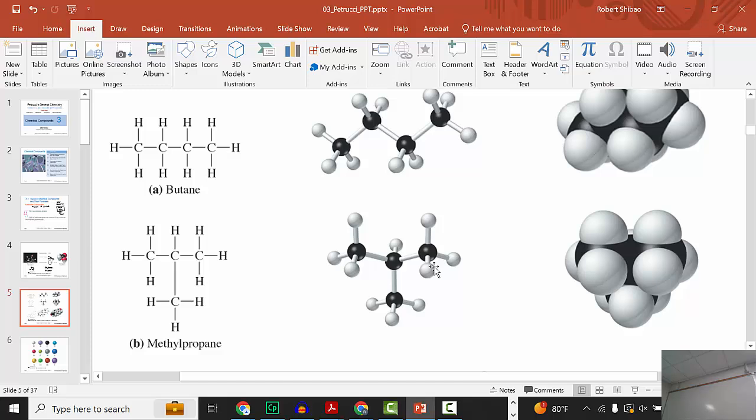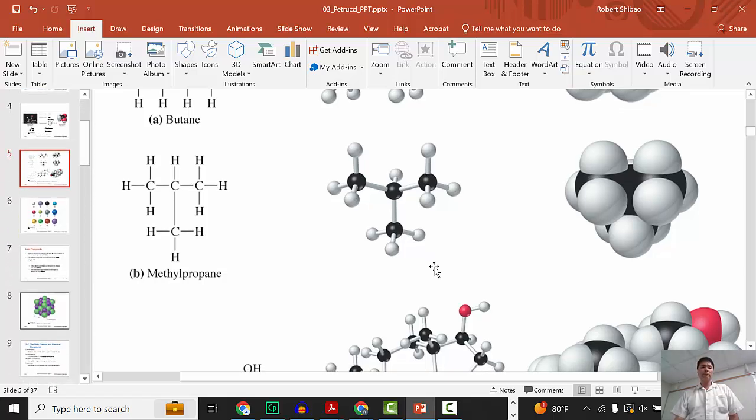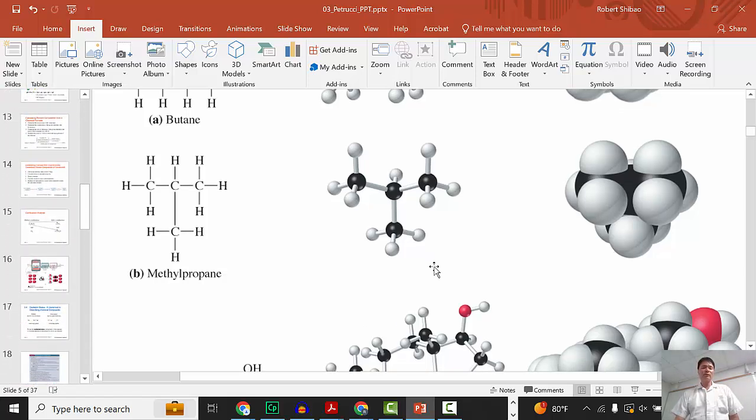We wouldn't call it that. Instead, we use organic nomenclature for these. For these carbon, hydrogen containing organics, we use organic rules for naming. We're going to learn some of the organic rules in this class. And so the first thing you're going to learn are the names for the parent chain.